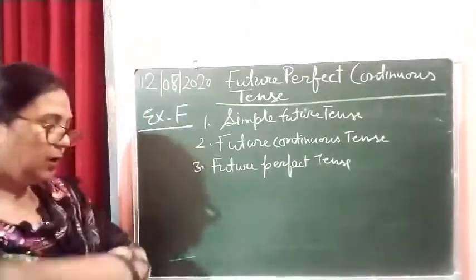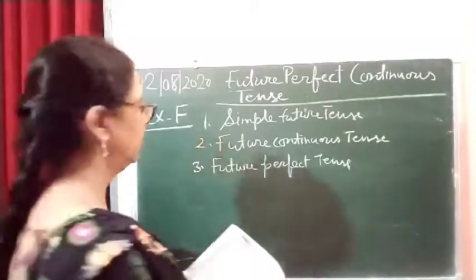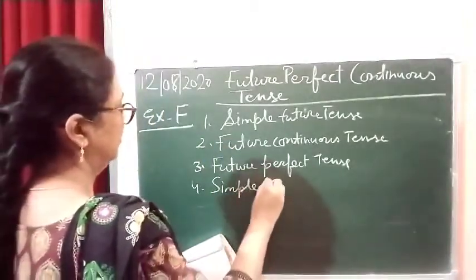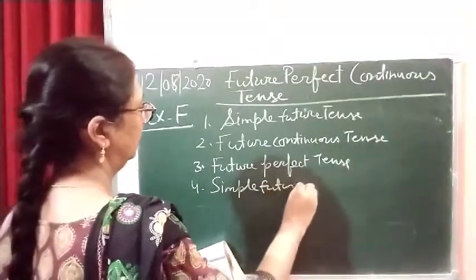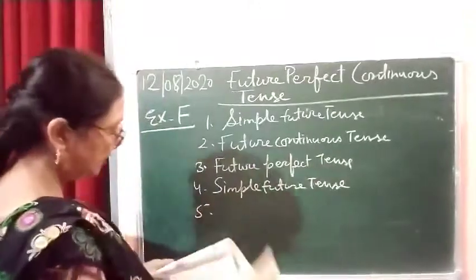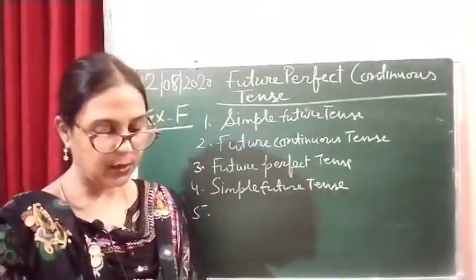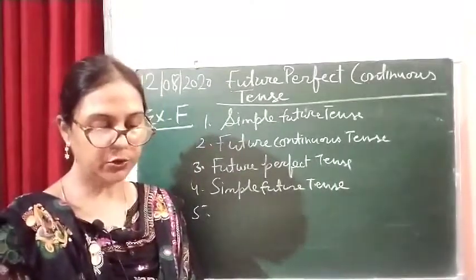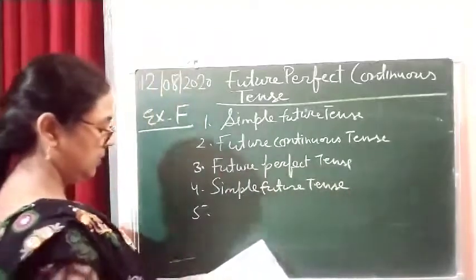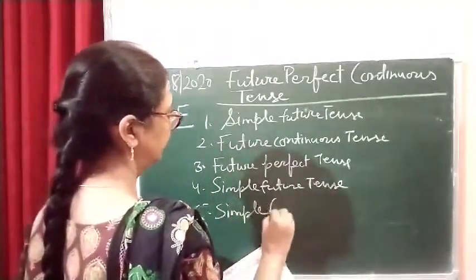In number 4, I shall carry the packets for you. I shall carry, simple future. In number 5, she will win the elocution contest. Now here, this is also simple future.